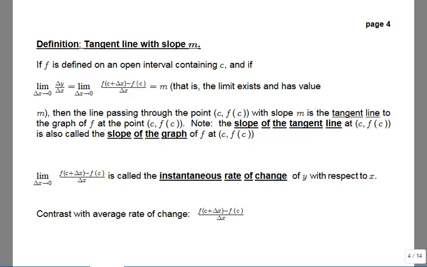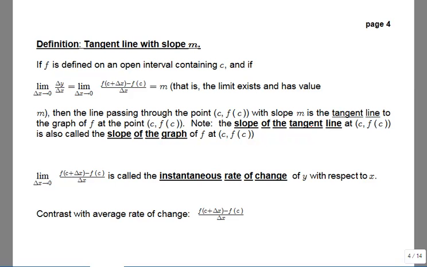So if this limit exists and has a value of m, then the line passing through c, f of c with slope m is called the tangent line to the graph of f at the point c, f of c. So this is that blue line that we were just talking about.